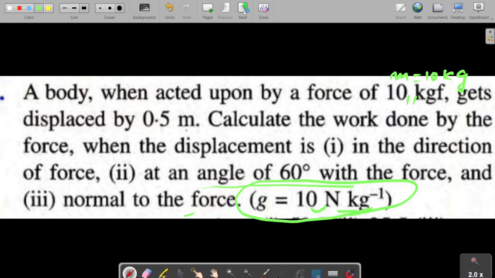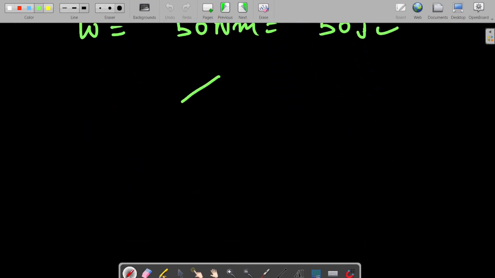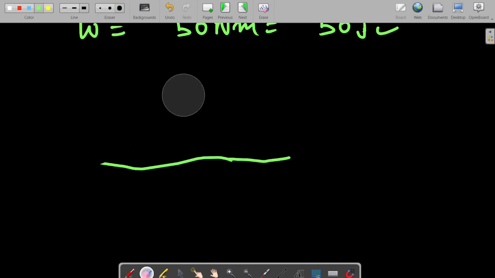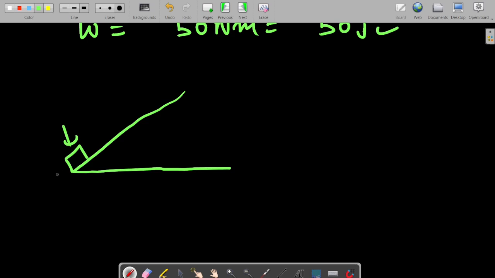So now see, consider this is a straight line, and here this is any body, and this is the direction of force, that is along AC, and AB is the direction of displacement.